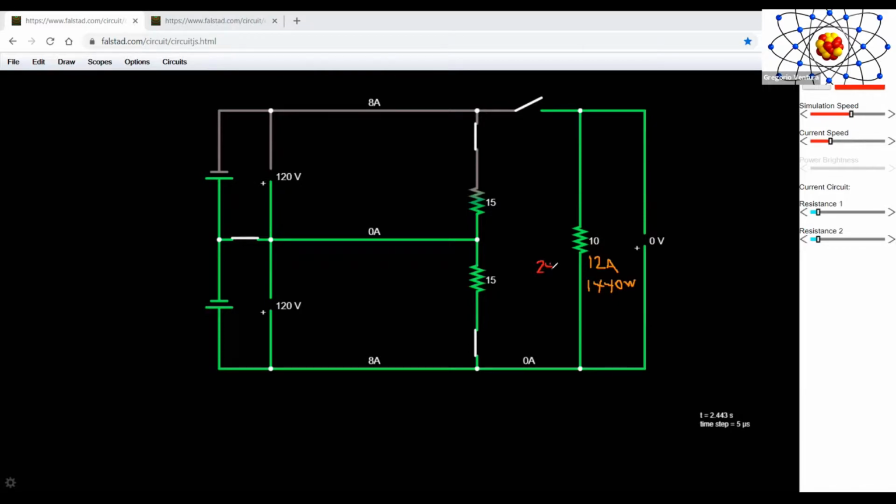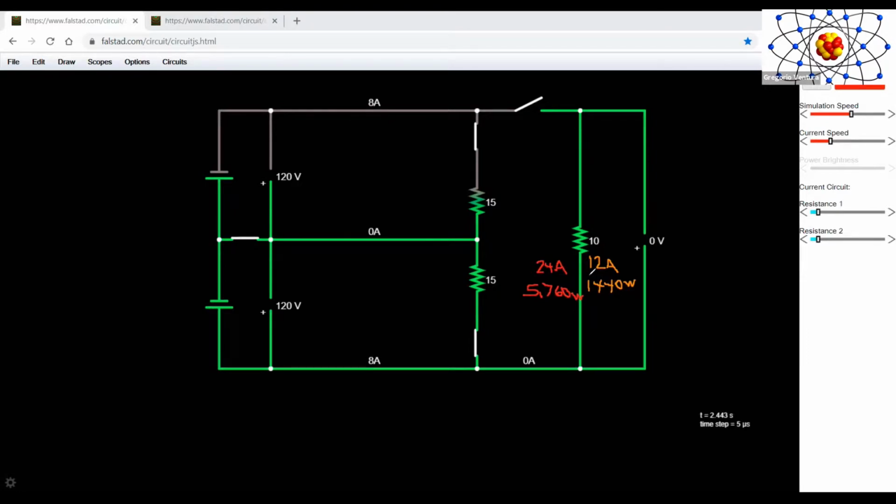Now, when we multiply the 24 amps by 240 volts in order to obtain power, you can see that the actual power rating of that resistor would be 5,760 watts.